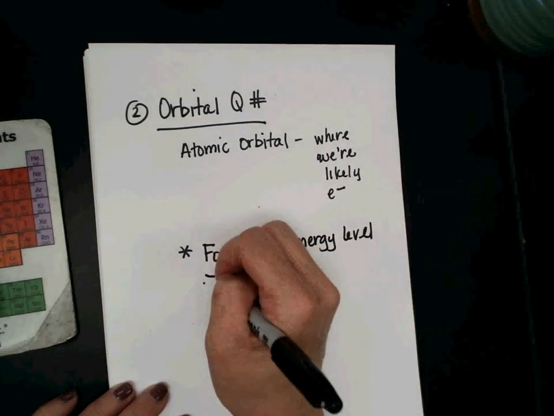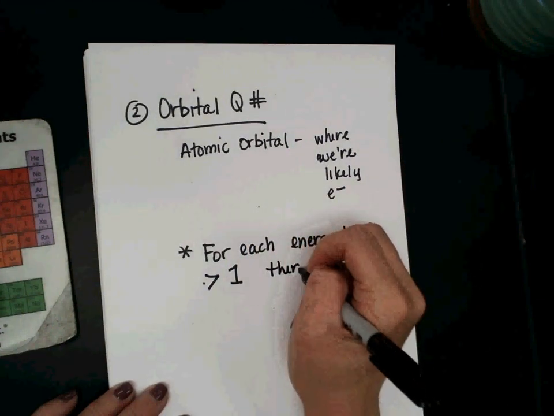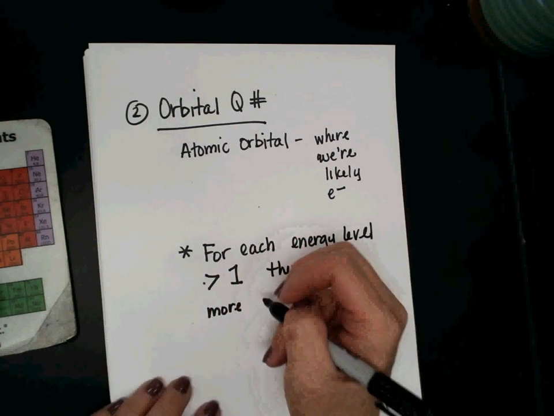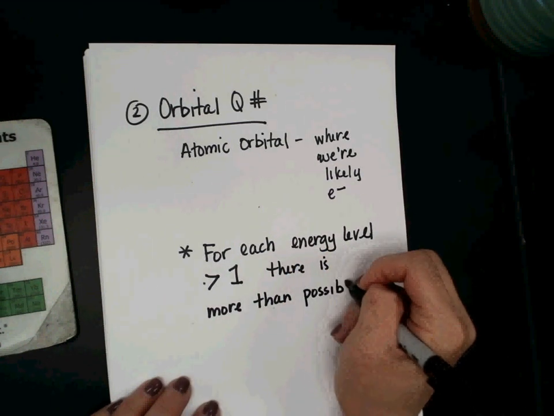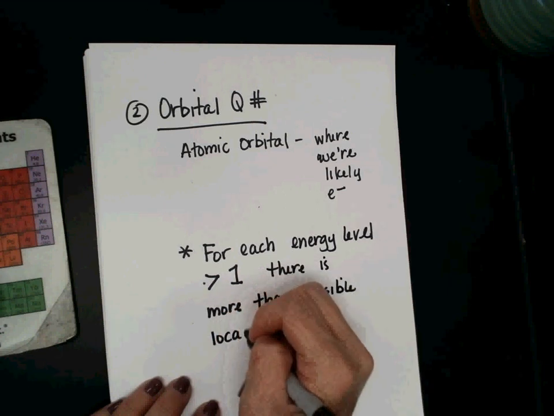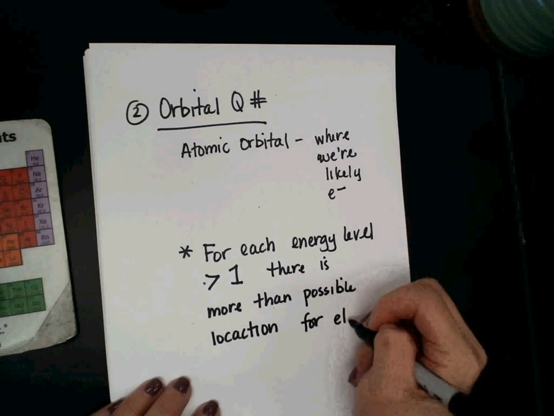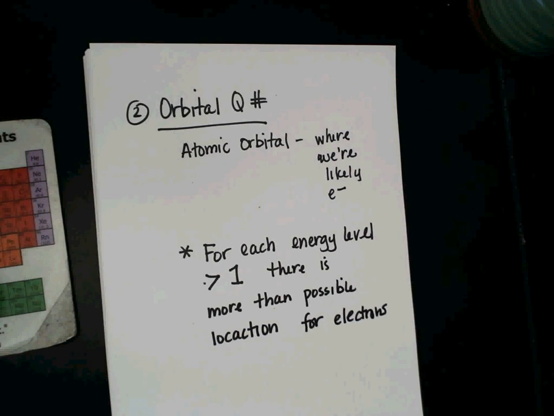For each energy level greater than 1, there's more than one possible location for electrons. Multiple locations.